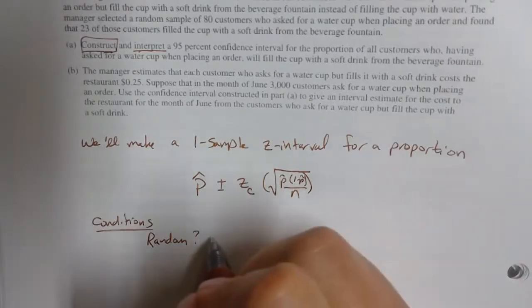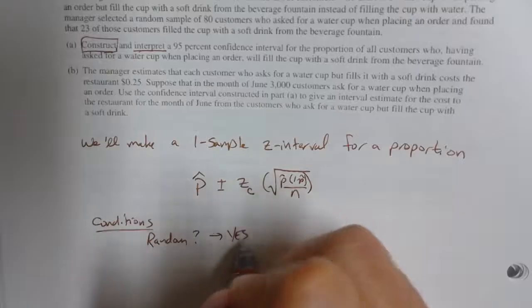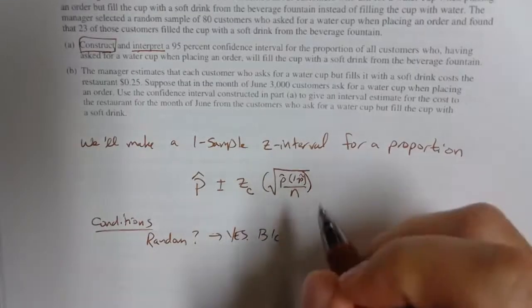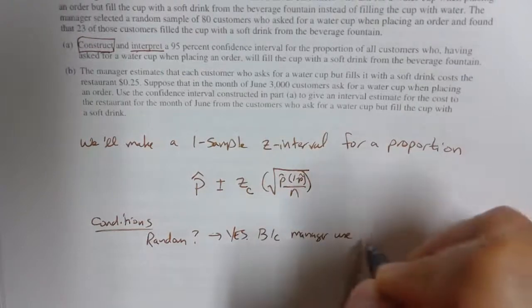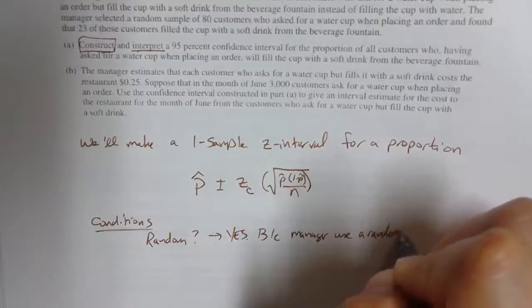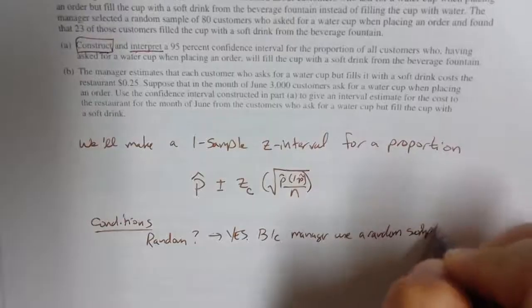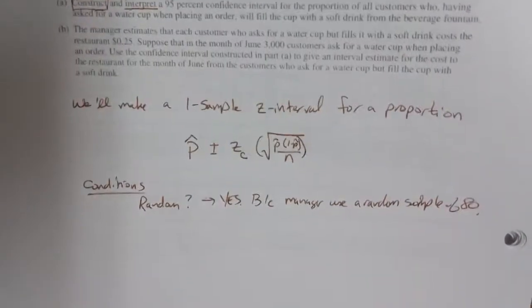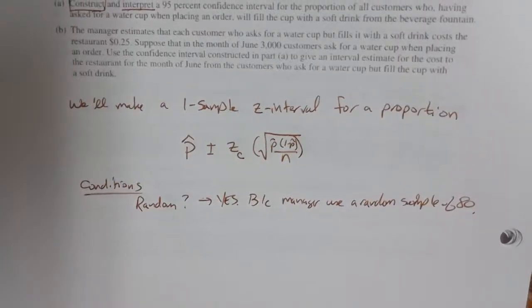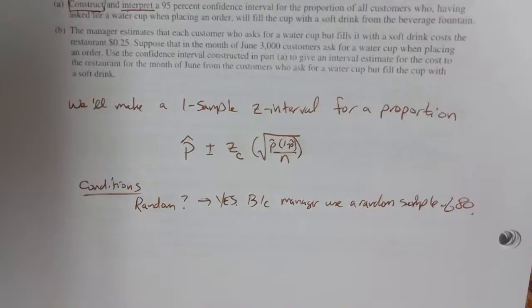We were told yes, because it says the manager used a random sample of 80. So we have randomness met, so that's going to allow us to use this interval with a larger group of people. If they took a sample of 80 customers and it was random, then we'll be able to apply this to a larger group of customers.